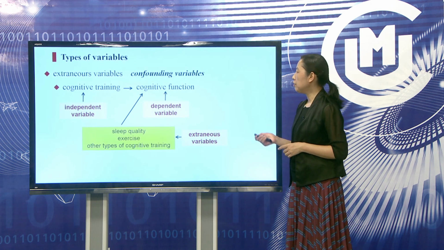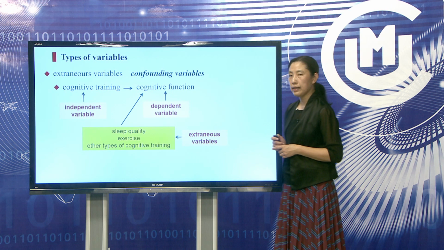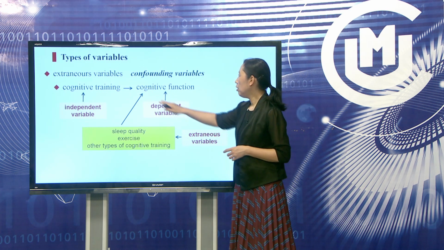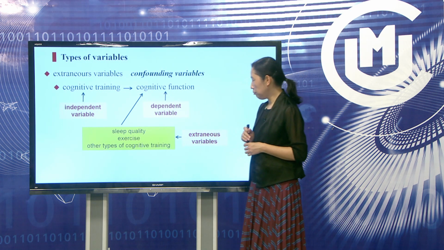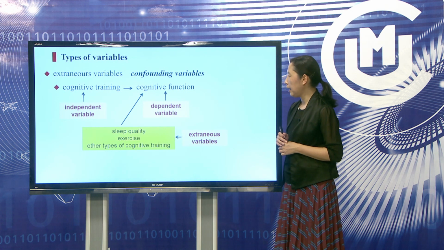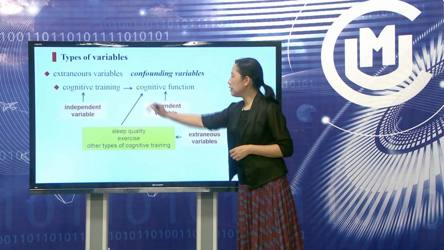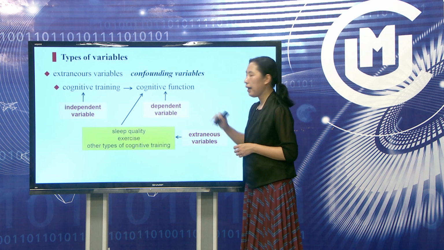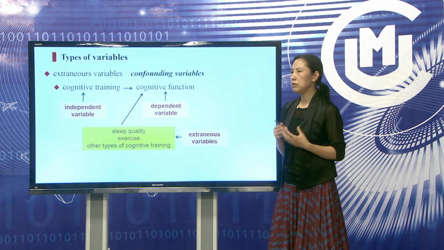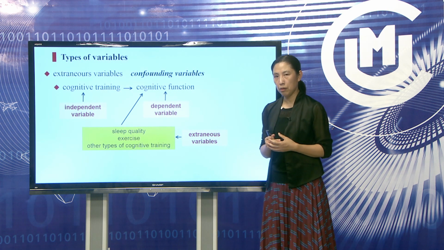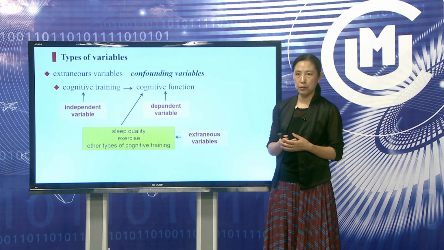I will give an example from the study we mentioned before, cognitive training for elders, where we look at cognitive function. This is the independent variable, and this is the dependent variable. So what are the confounding or extraneous variables?